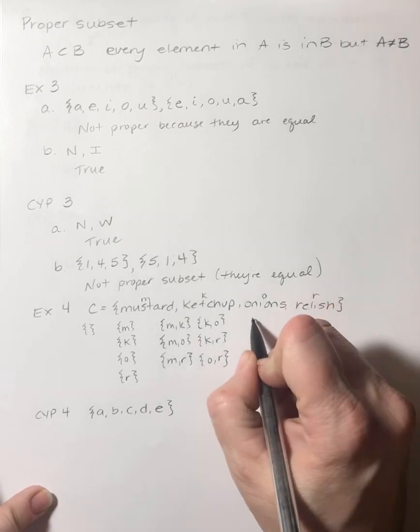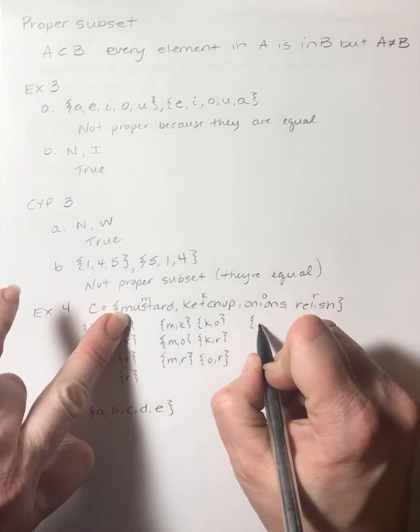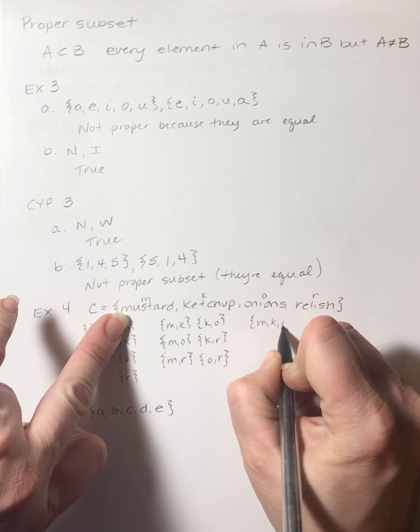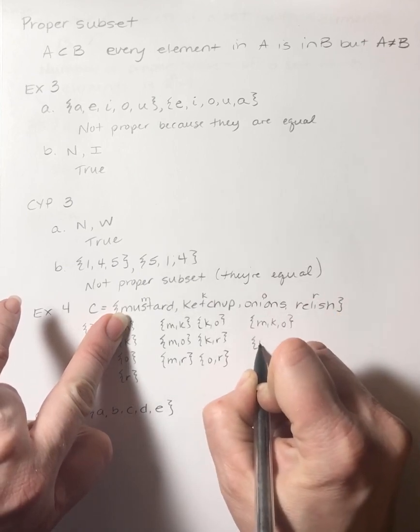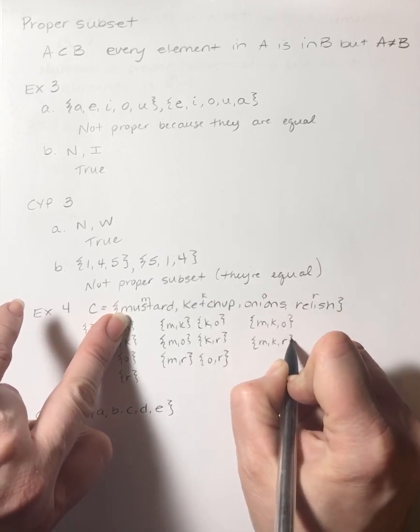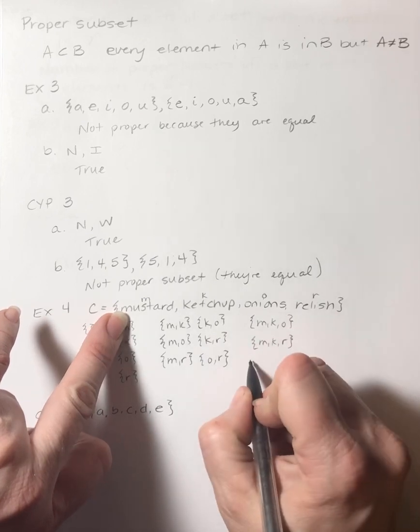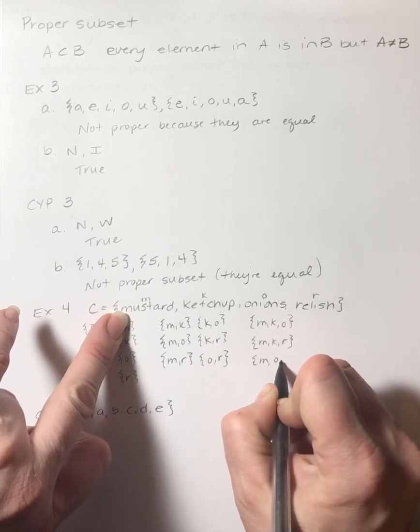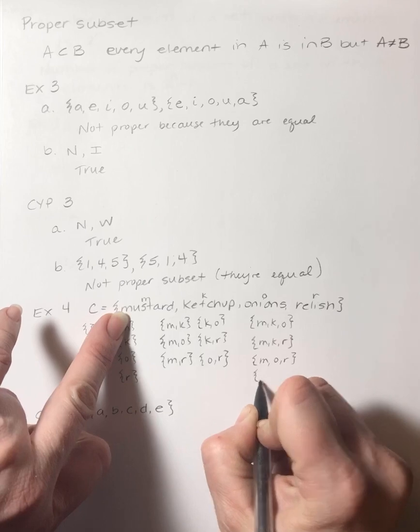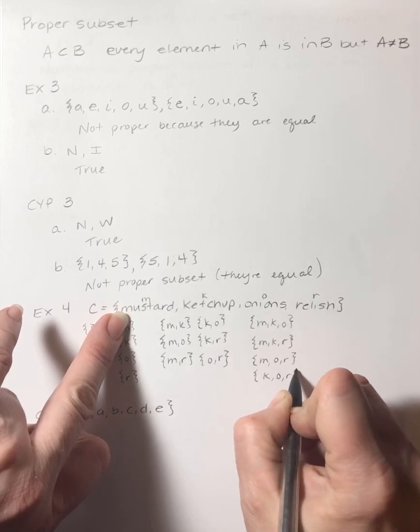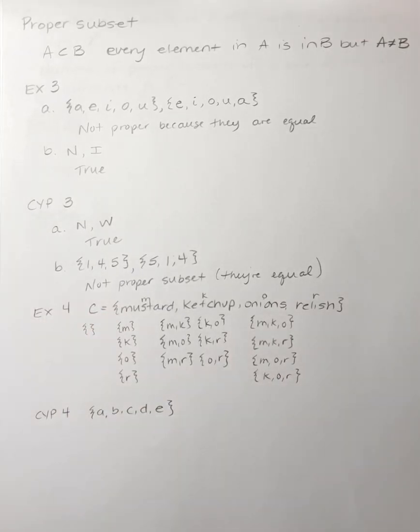Now I have to find all my 3 combinations. So I'm going to do MKO, MKR, MOR, and KOR. There are 4 of them.